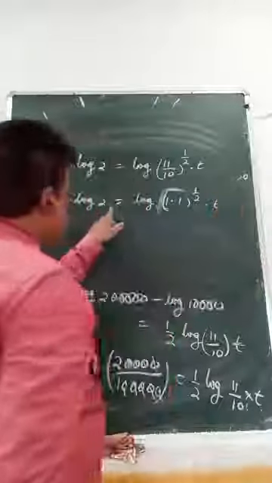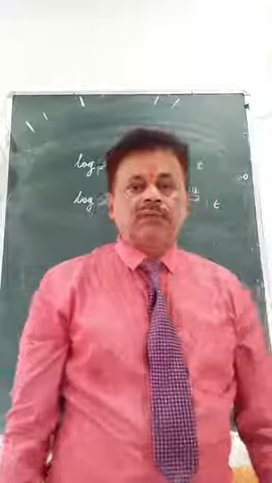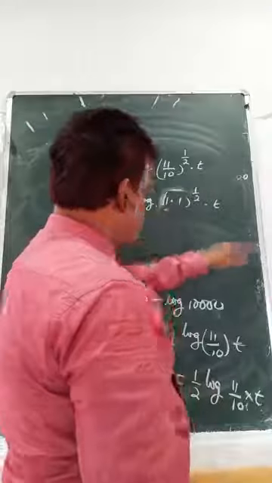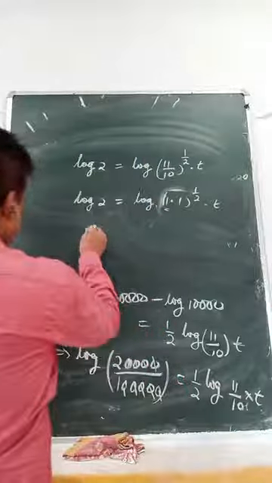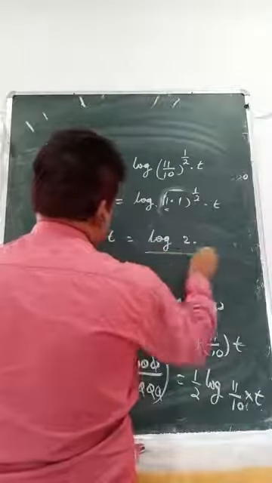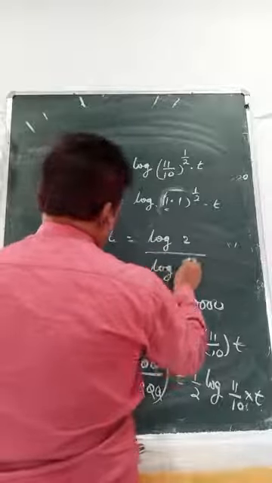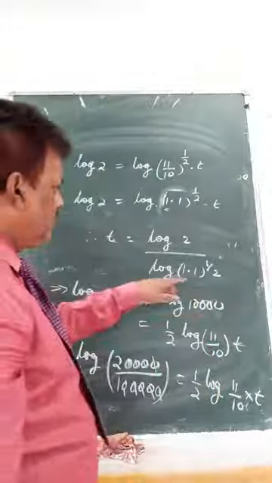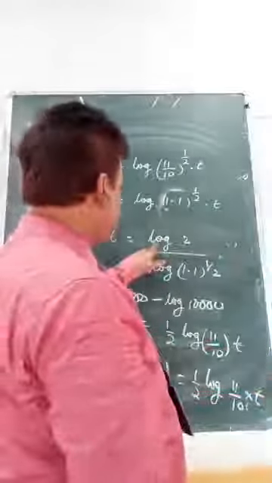You have to use log and anti-log table to solve it. For the timing, the table is not with me, otherwise I would show you. But simply you can write t equals log 2 by log 1.1 power half. If you look at the log table, you can find the value of log 2.